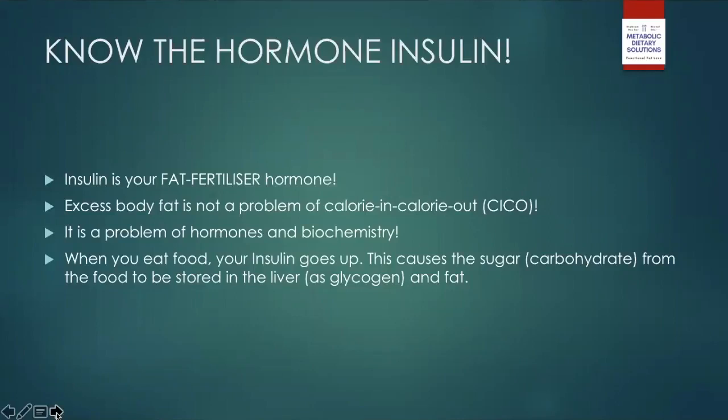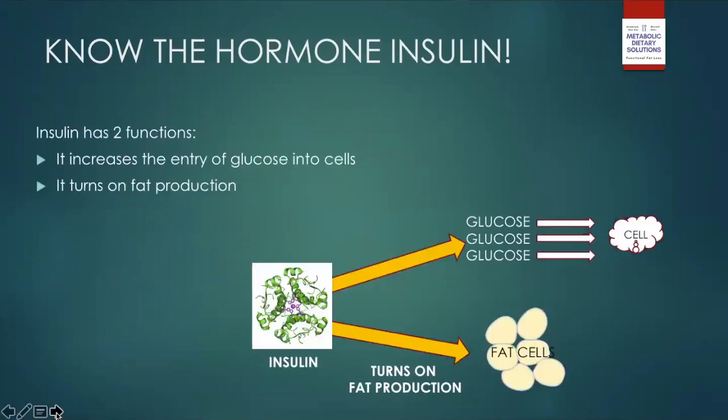So that is where a lot of the problem comes up. So this is a very, very basic way of explaining what insulin does. So insulin has two functions. It increases the entry of glucose into cells, and it turns on fat production.